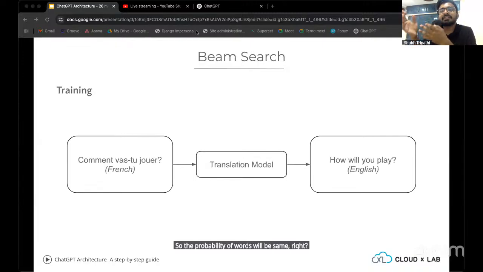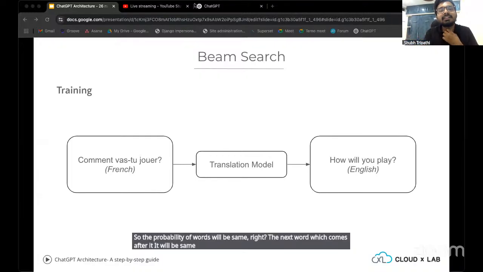The next word which comes after it will be the same. So how does ChatGPT actually give different answers based on the same input? That's where beam search comes in.